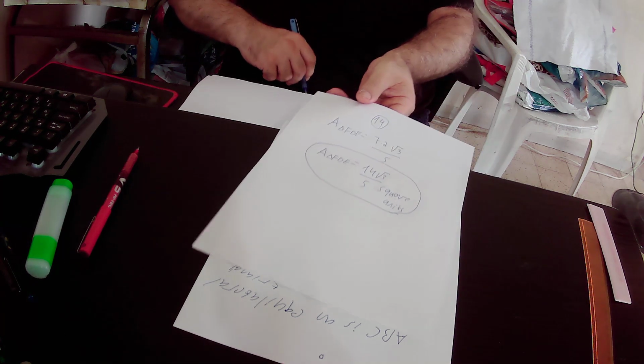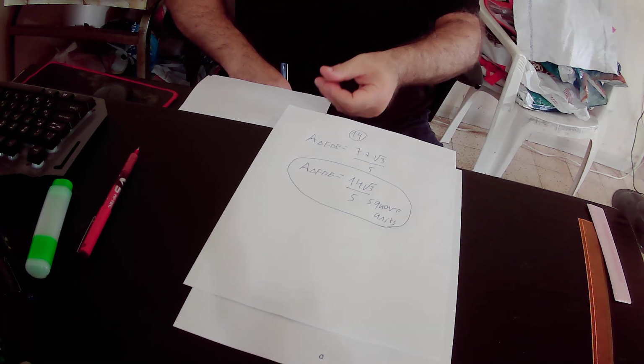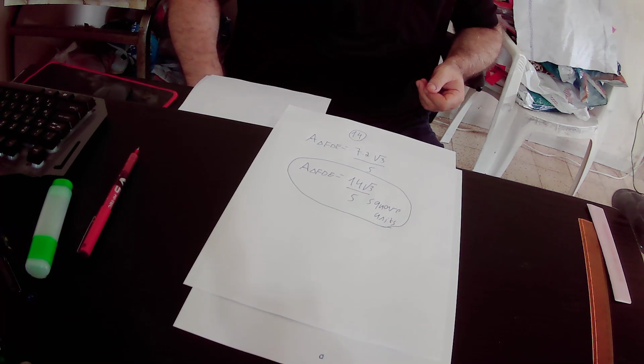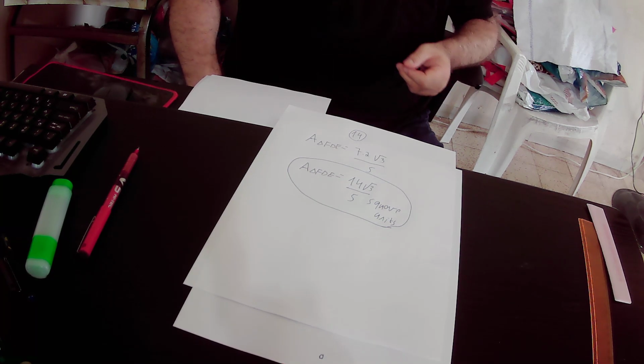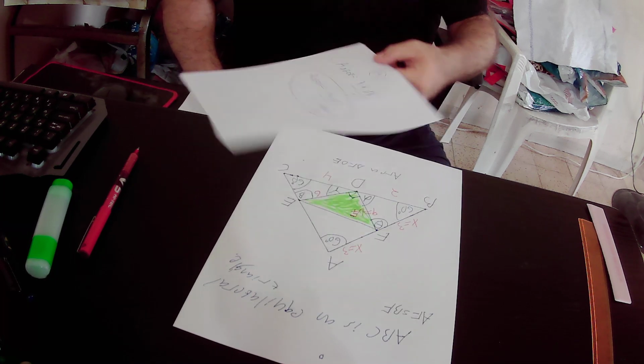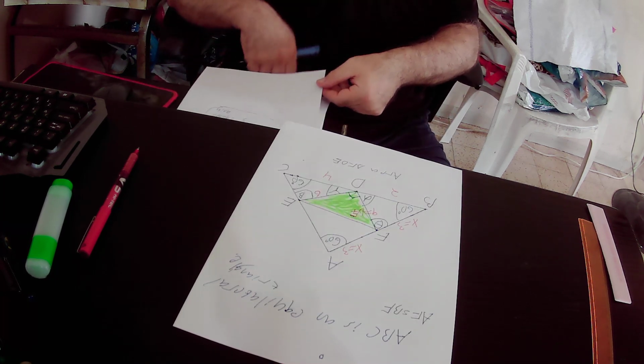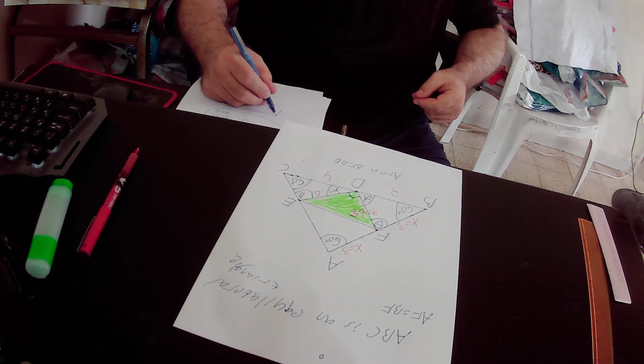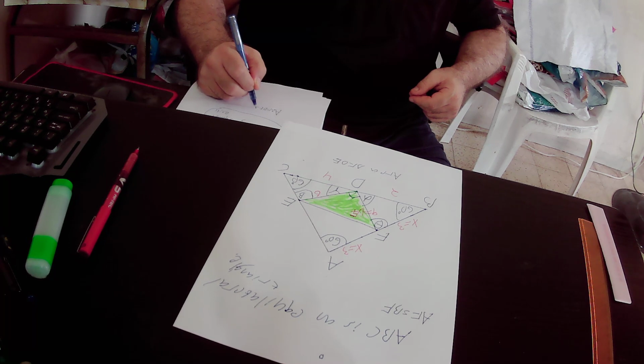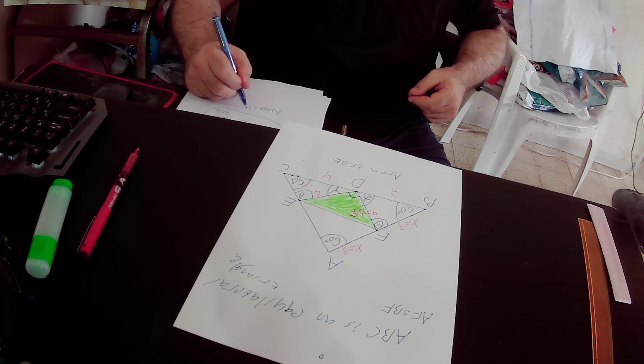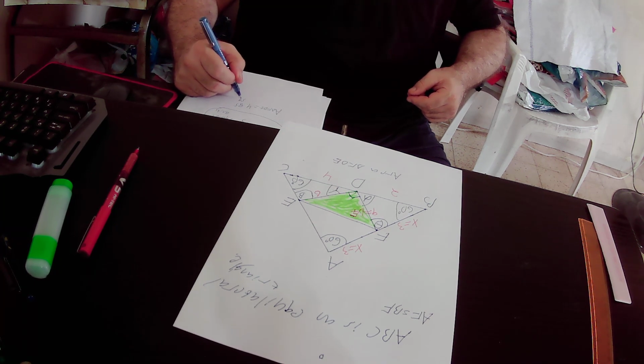We got that the area of the green triangle FDE equals 14 times root 3 over 5 square units. So in terms of numbers, the area of the green triangle FDE equals 4.85 square units.